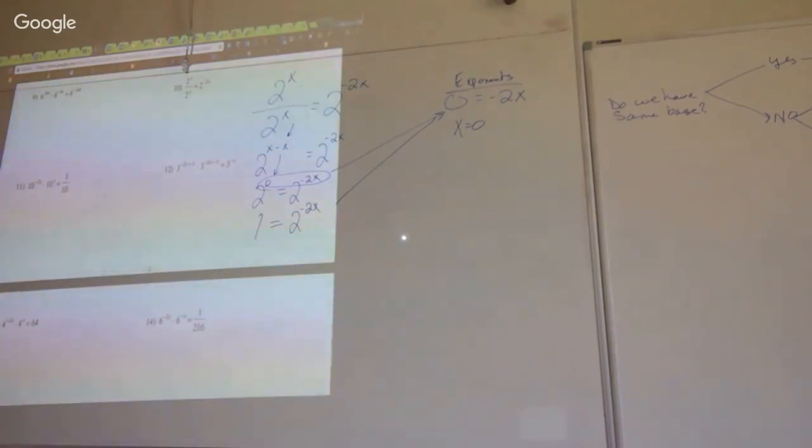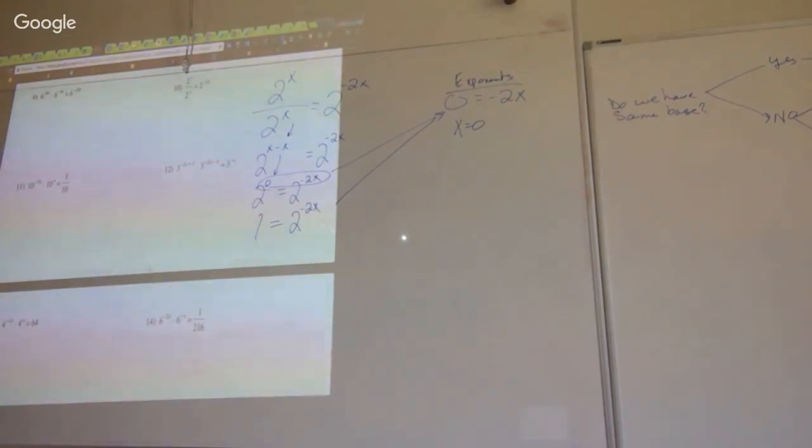Yeah, the way I found it is that 10 to the power of negative 2 is a decimal. And when you think about it, 1 over 10 equals 0.1.